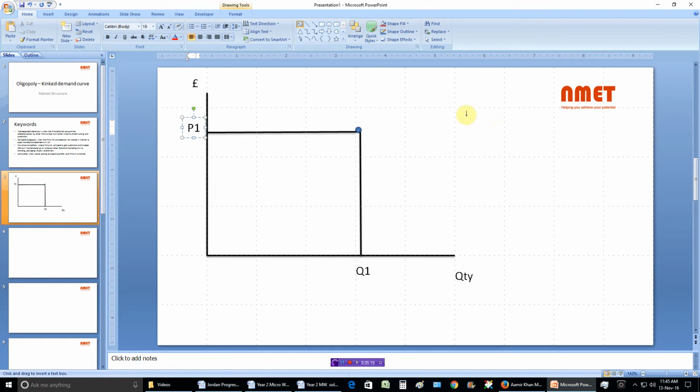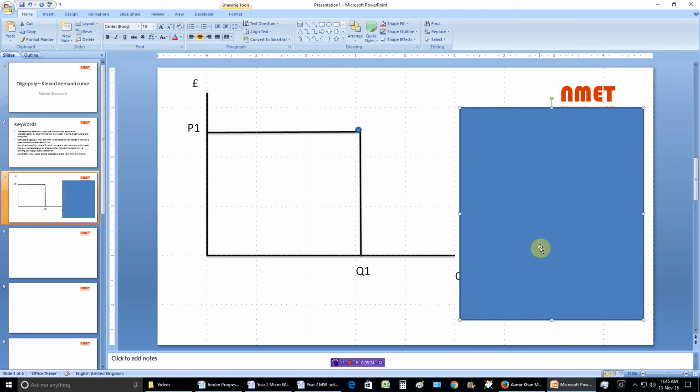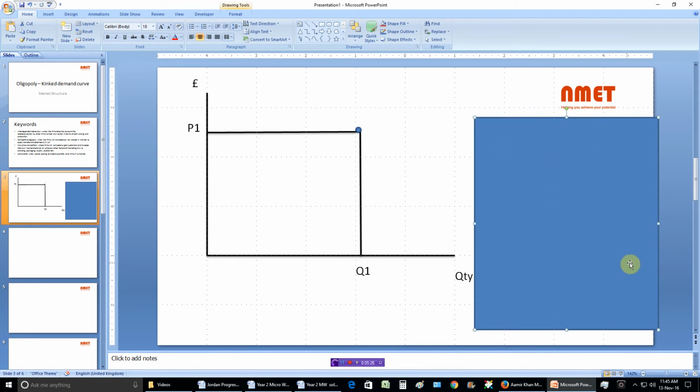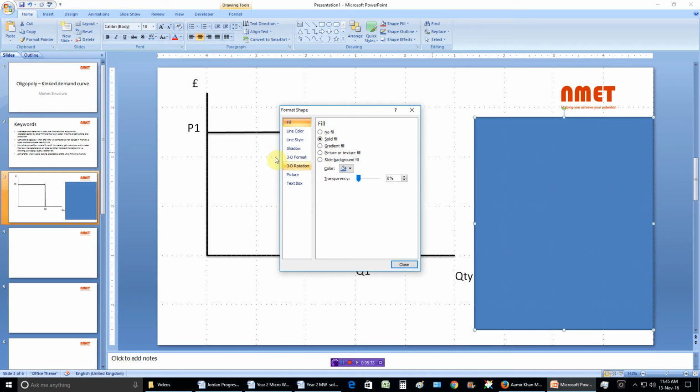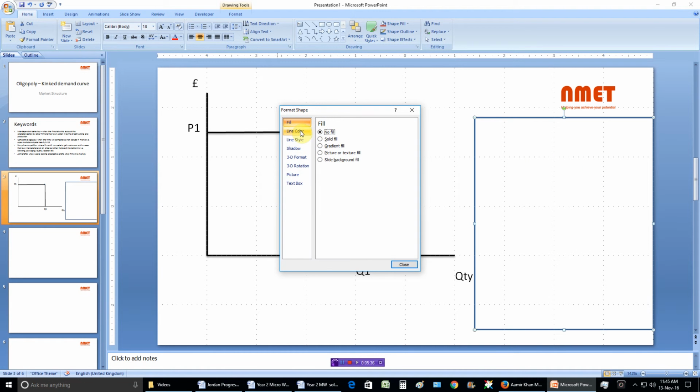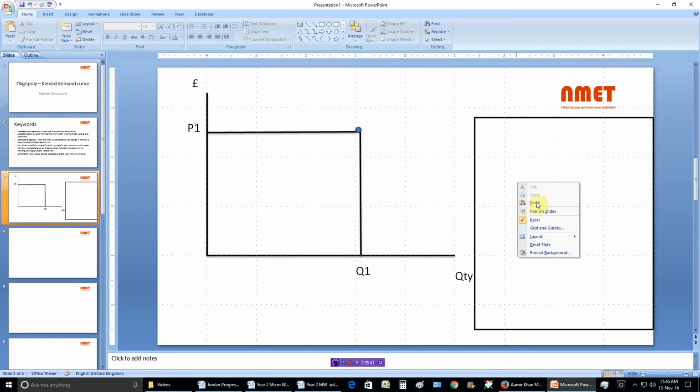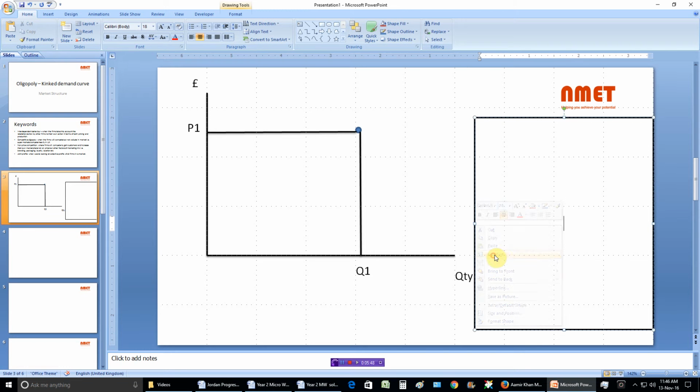Now let me just put my explanations over here in this box, and yep, format the shape, no fill. Let's have the line color solid as black. Okay. Edit text. To fit in a lot, I'm going to make that size 12. Right.